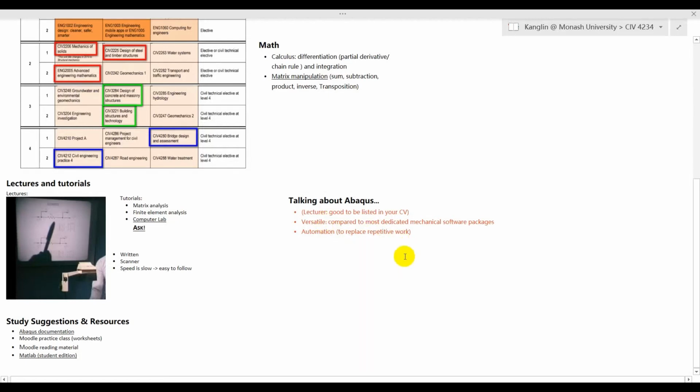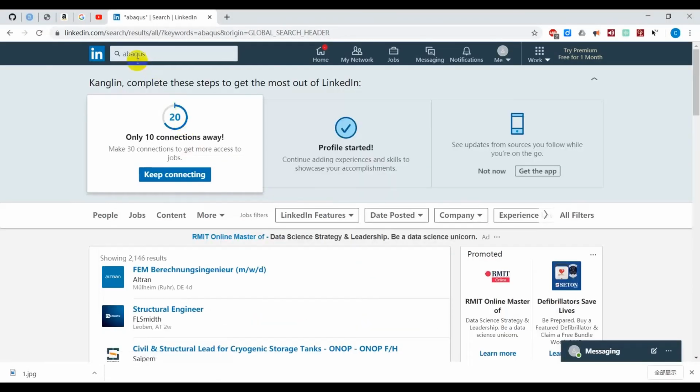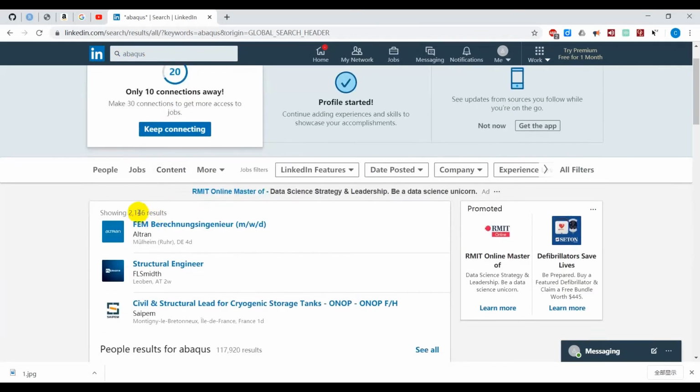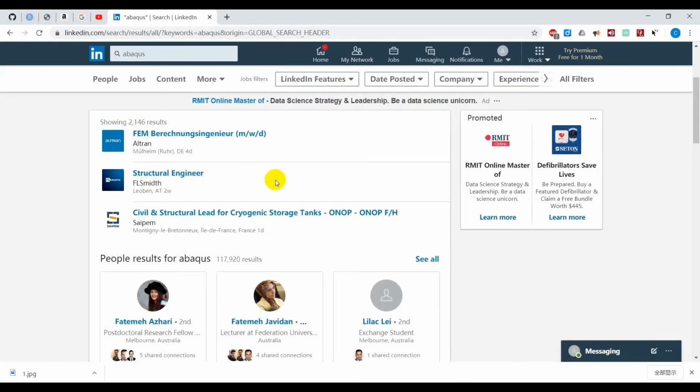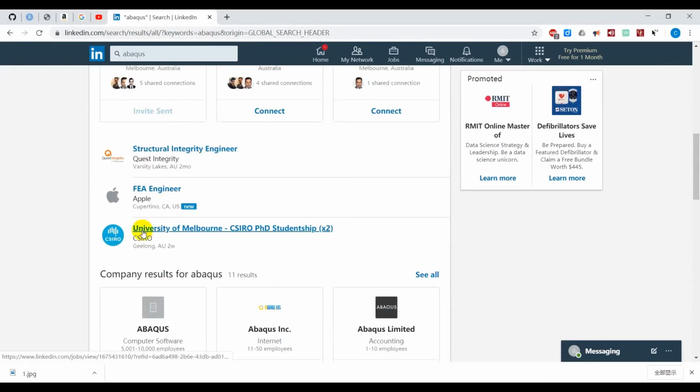Talking about Abaqus, in the last session, the lecturer told us that it's very good to list it on your CV if you have some Abaqus or finite element method skills. And it's actually true because I have done an experiment. If I type Abaqus in the LinkedIn search tab, 2,000 results pop up, including software development companies, structural companies, and research institutions.